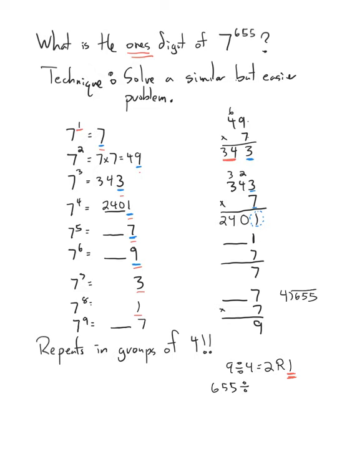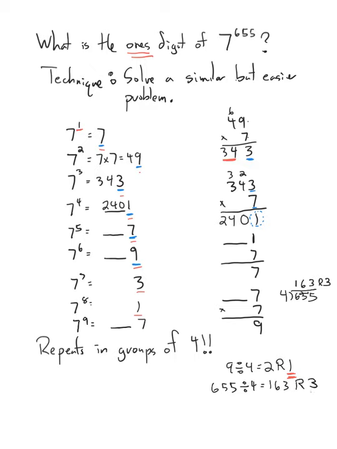So 6 goes into 4 once with 2 left over. So I'm looking at this as 25 now. 4 goes into 25 6 times with 1 left over. 4 goes into 15 3 times with 3 left over. So I know that this is going to be 163 with a remainder of 3.